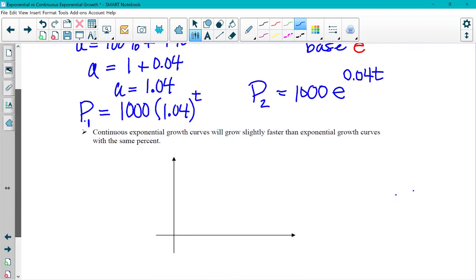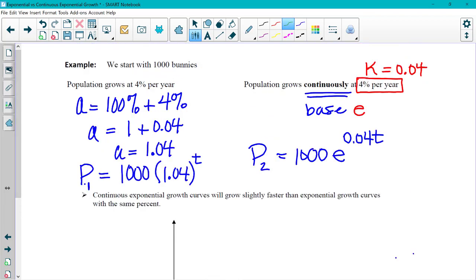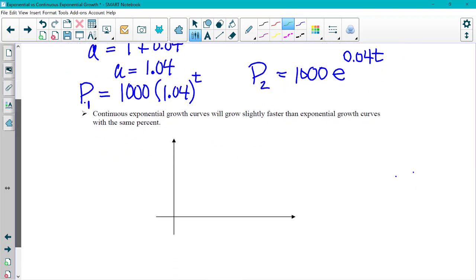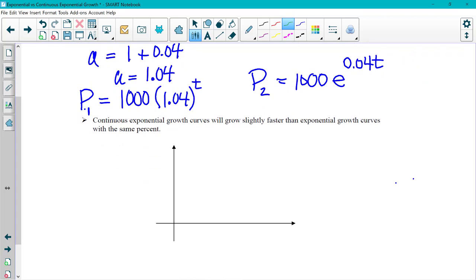Okay, so if we want to look at those graphically, one thing we can think about is why is the continuous growing faster? Well, if we think about it, I can look at this as e to the 0.04 is my base. Okay, it's like 1.04 here is my base. Well, this is my base here.